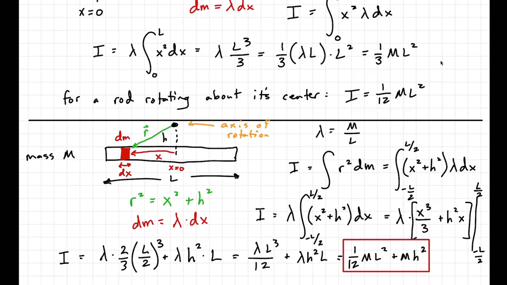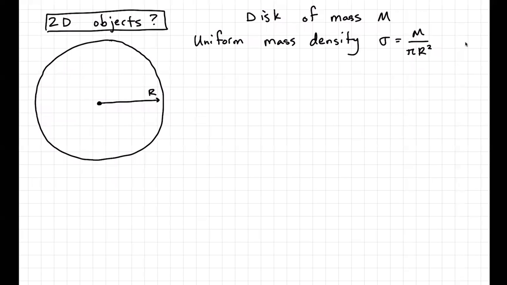Okay, one more example I want to show you, and this is for a two-dimensional object. So give me a second to pull up that diagram. Okay, so here I've got a disk of mass m with uniform mass density sigma. This thing's a sigma right here. Usually we would use this for an area mass density. Sigma equals the mass of the object over pi r squared, the total area of the object.